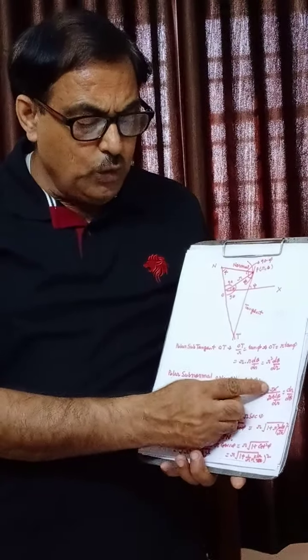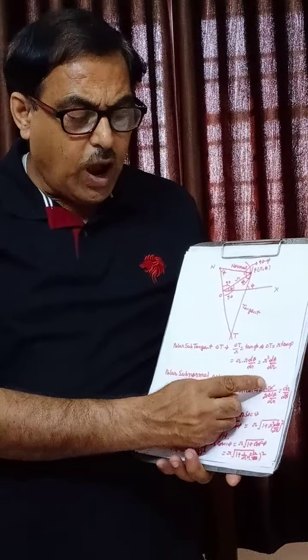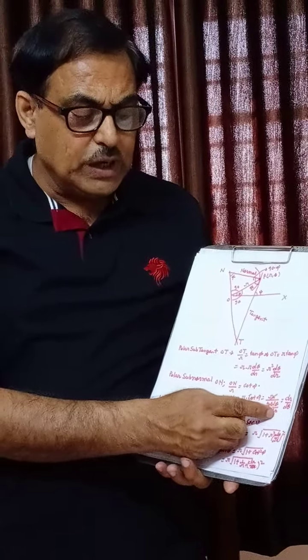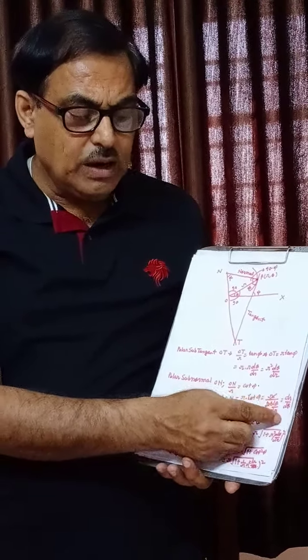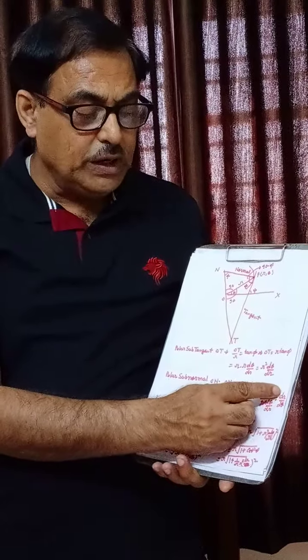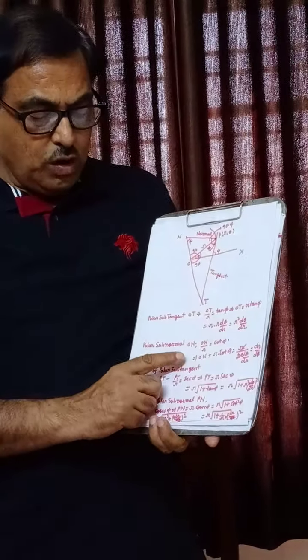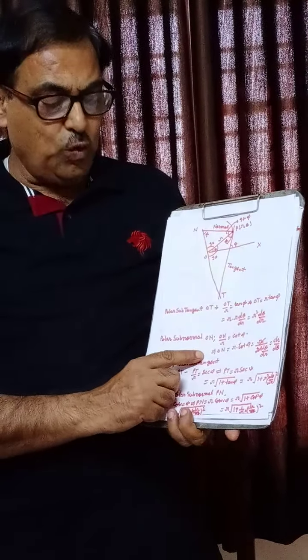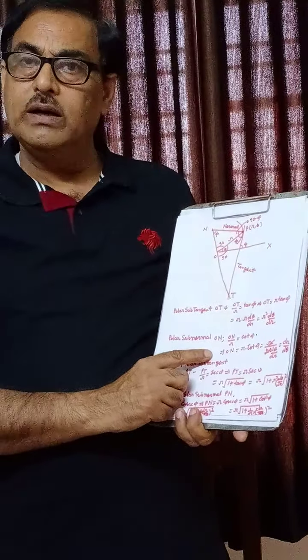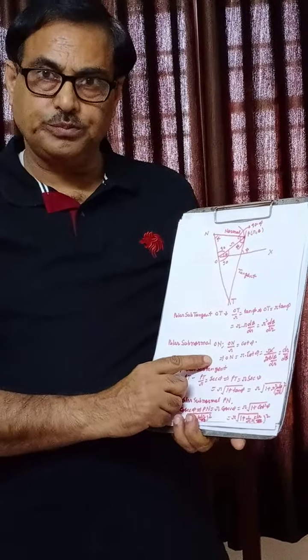Putting this value, ON is equal to r upon r dθ/dr. So r cancels and it comes out to be dr/dθ. So we have found the polar subnormal ON is equal to dr/dθ.